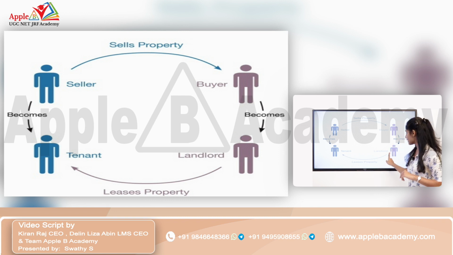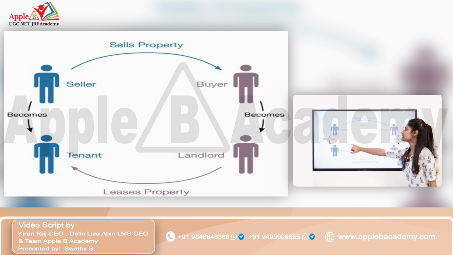And what about the seller? Now from this landlord, he leases back his property. He sold his asset to another person. Now the person who bought that asset is known as the landlord or the lessor, and from him the tenant, the old owner or the lessee, leases it back.